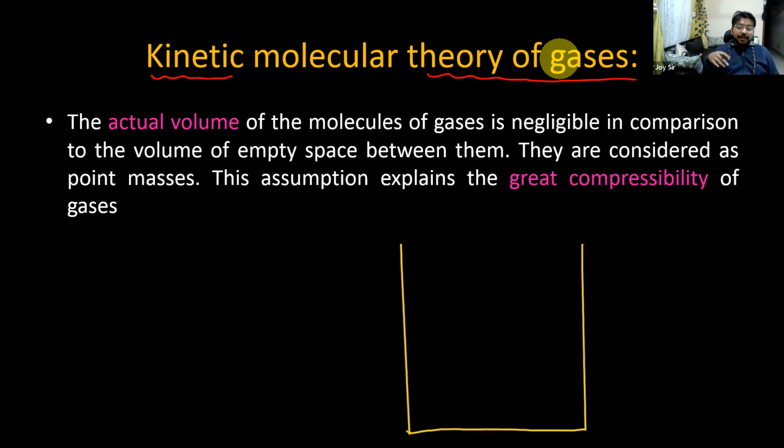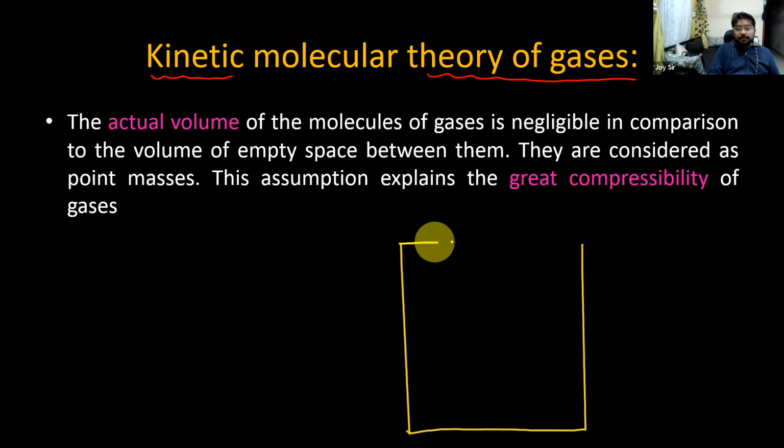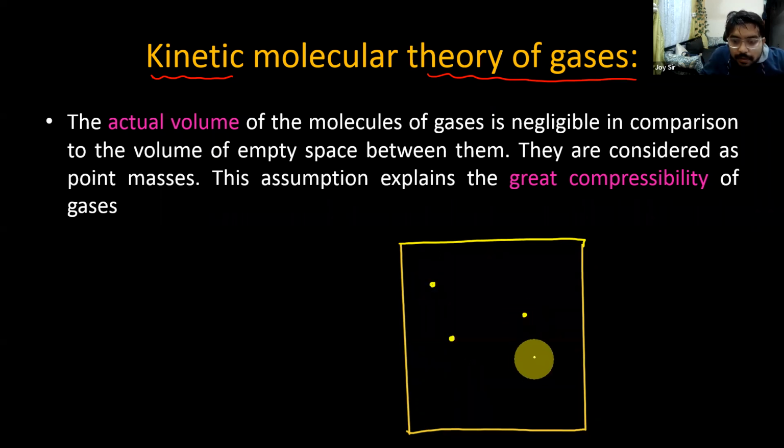The first assumption that was made was, if we take a chamber, suppose there are some gas molecules in it. Let us take our cylinder piston system only, that will be better. This is our piston.